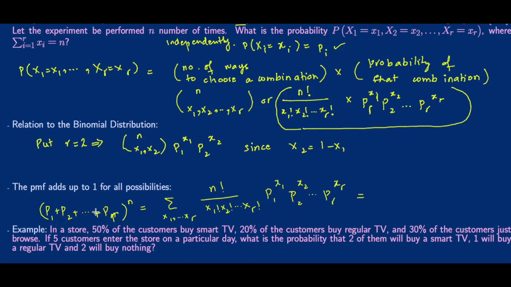What is this equal to? These are probabilities, so they should always add up to 1. So the answer is 1 to the n, which is 1.